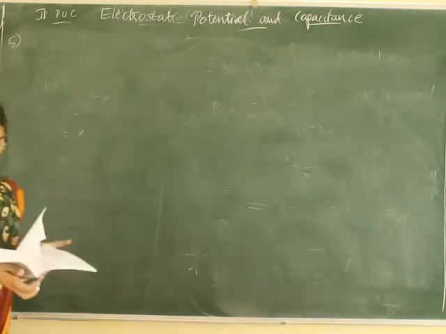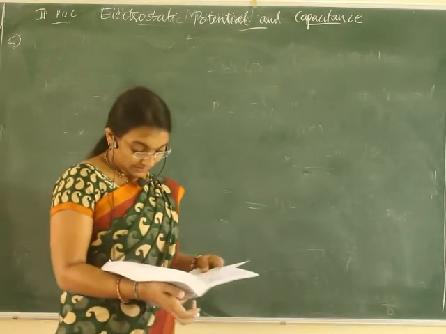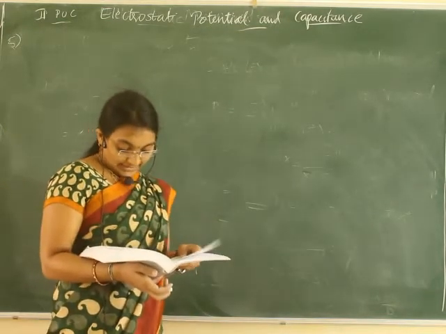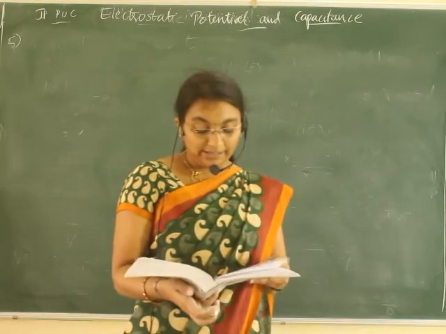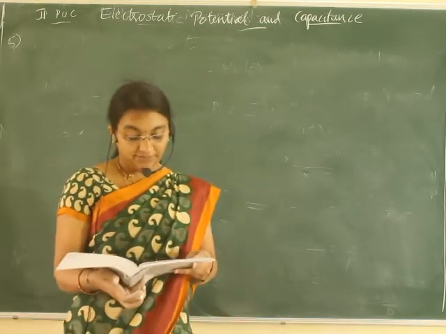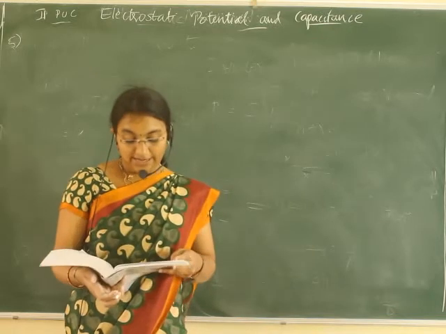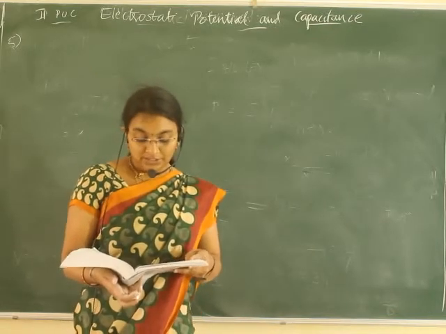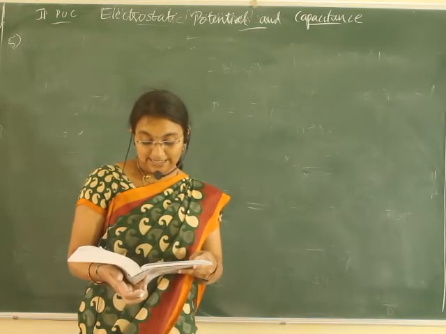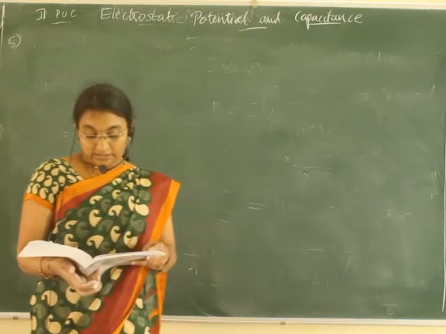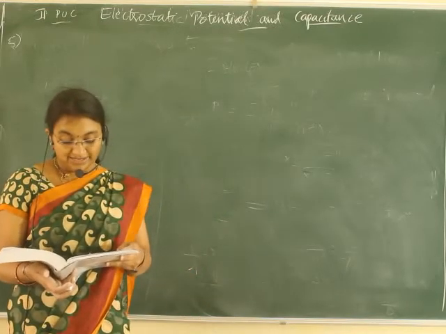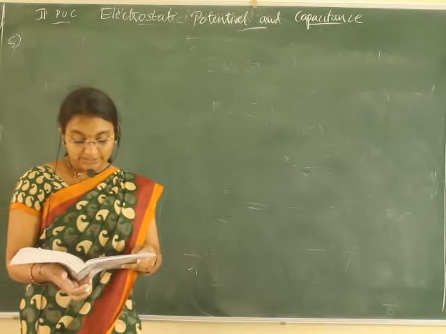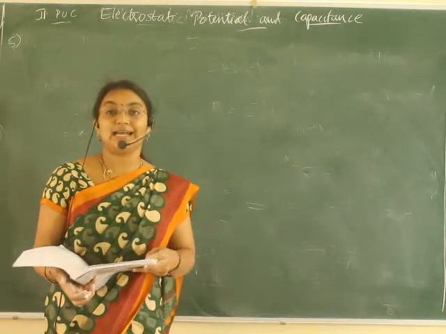A parallel plate capacitor connected to a 2-volt battery collects a charge of 20 microcoulomb with air as a dielectric and 40 microcoulomb charge with a material as a dielectric. Find the dielectric constant of the material and the energy stored in the capacitor with the material as the dielectric.